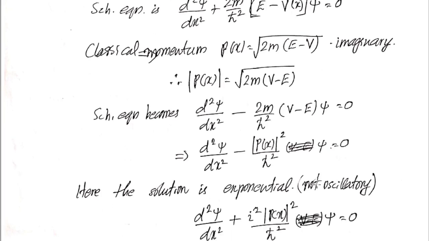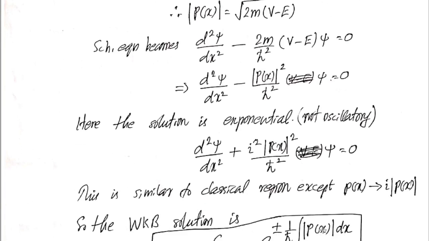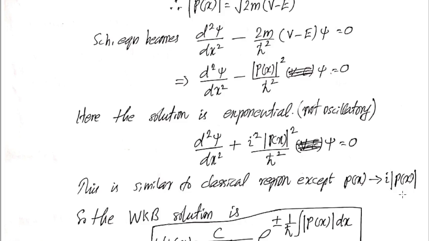So in order to compare with the classical region, this equation can be rewritten as d²ψ/dx² + i²|p|²/ħ² ψ = 0. So this equation is similar to the classical region equation, except that in the place of p(x) here comes i|p(x)|.